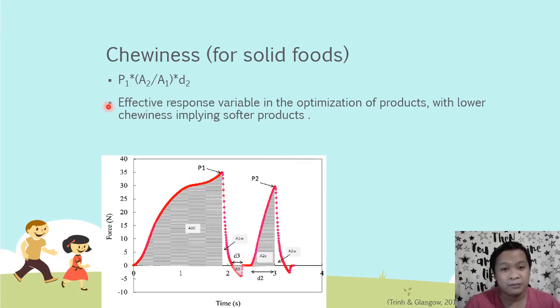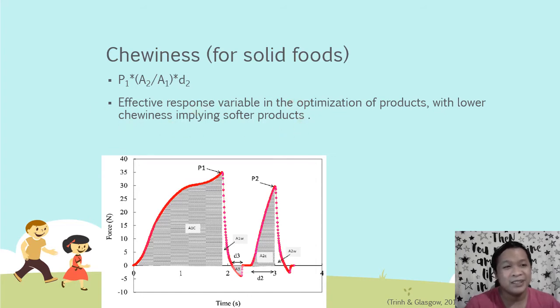And usually ginagamit ito as a response variable in product optimization. So kapag less chewy yung product, softer siya or mas madaling nguyain. So a chewy product is basically masakit sa ulo kainin, di ba?